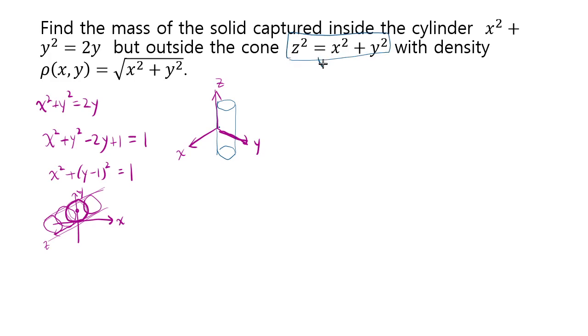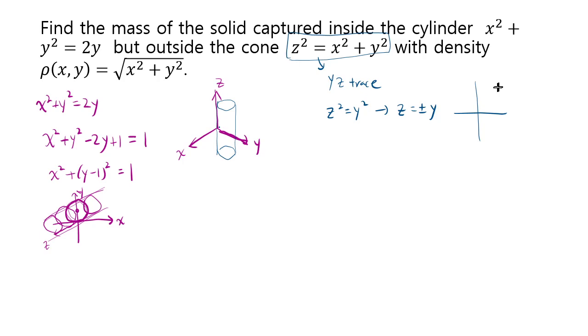Alright, what about z squared equals x squared plus y squared? Well, if you take the xy trace, it actually doesn't do anything. Let's try the yz trace. That means you're setting x as 0, so you get z squared equals y squared, which gives you z equals plus or minus y.